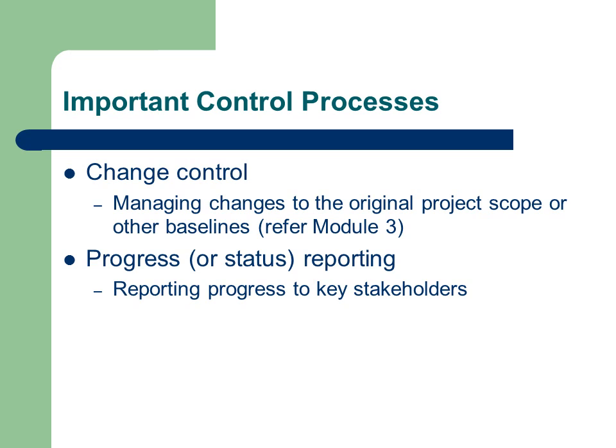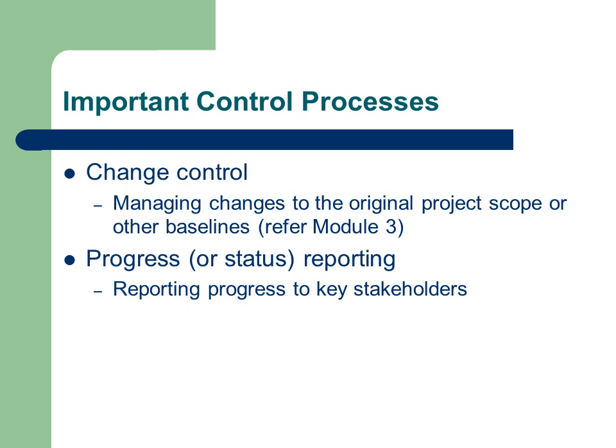The most important processes for project control are: firstly, change control, which is managing changes to the original project scope or other baselines in order to avoid scope creep. Refer Module 3 to revise the change control process. Secondly, progress or status reporting, which is reporting progress to key stakeholders to ensure that project progress, problems, and any other recommended solutions are communicated.